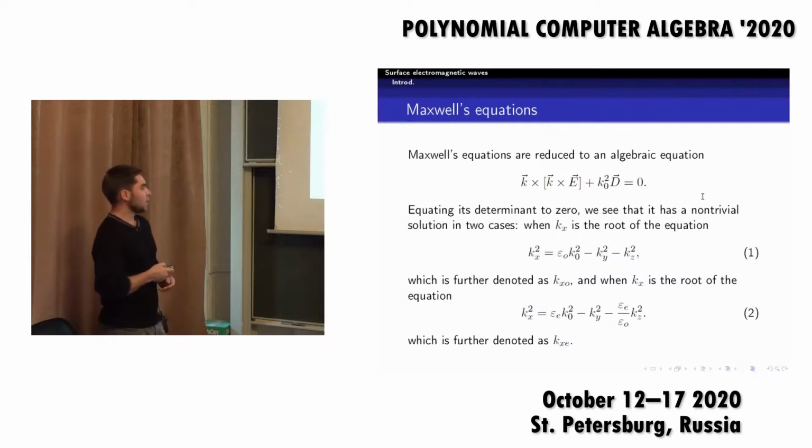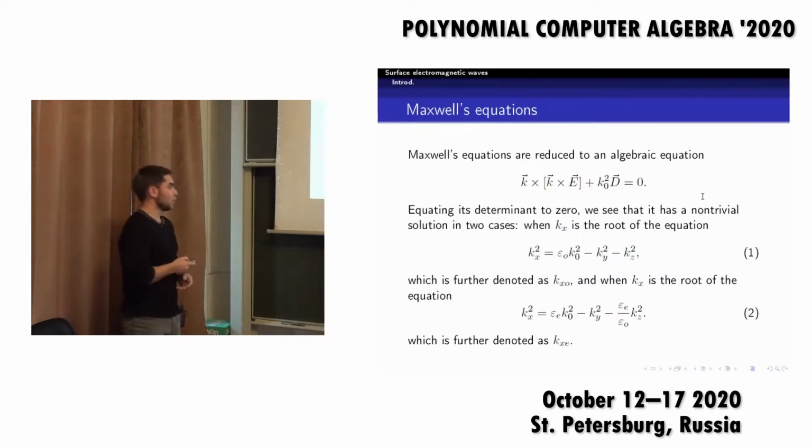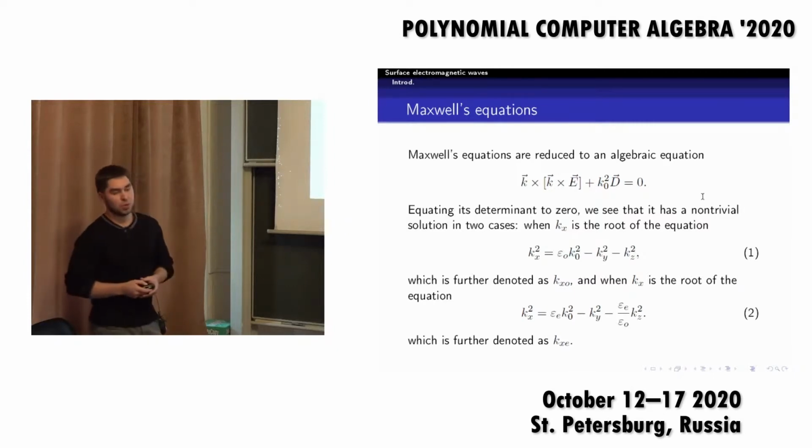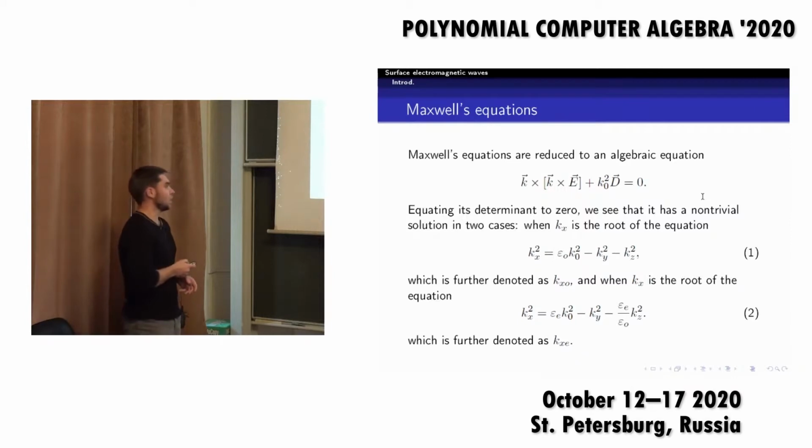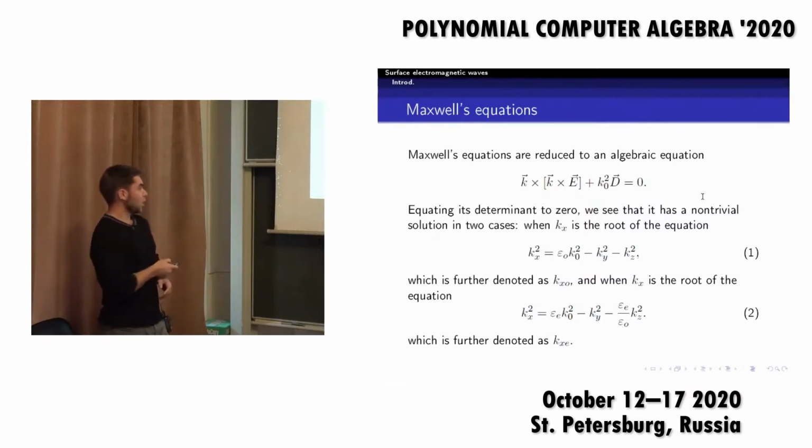One case is when k index x is the root of one equation, which in the future we denote kxo, and the other is when kx is the root of the other equation, which we denote kxe.